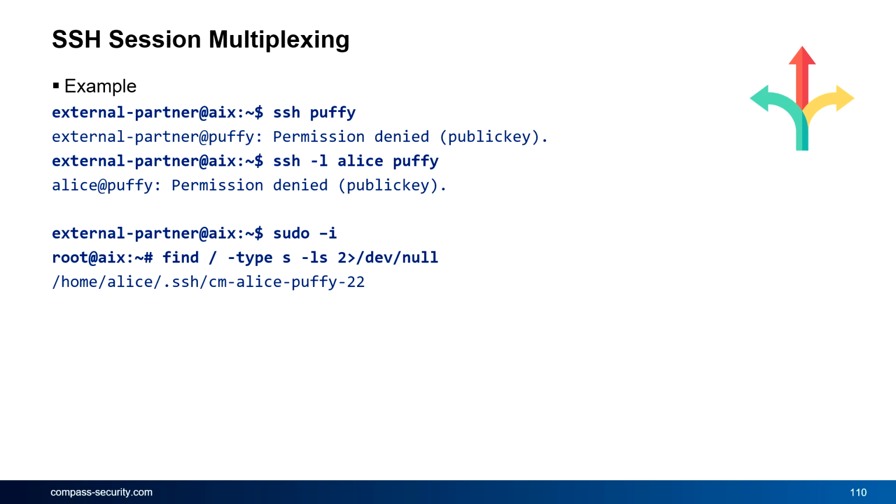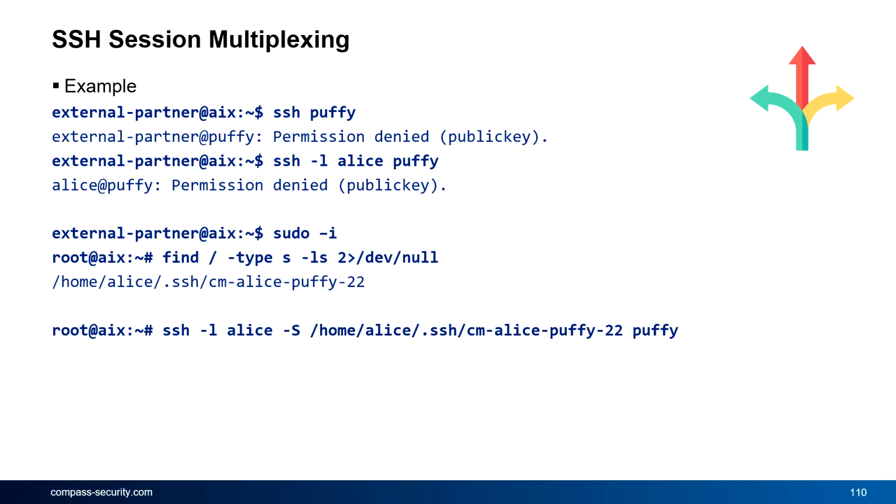We have a socket file in Alice's home directory, and the file name already tells us that this could be a socket file of the session multiplexing feature. And now when the external partner changes to root, it's possible to just directly use this socket using the -S option, and then the external partner is logged in on the host Puffy as Alice.